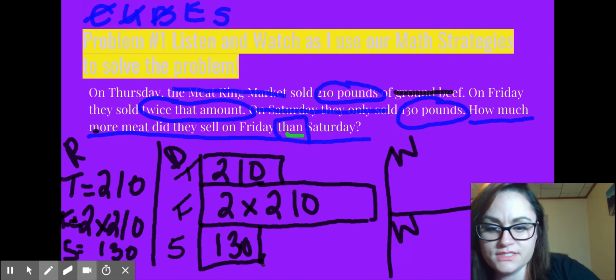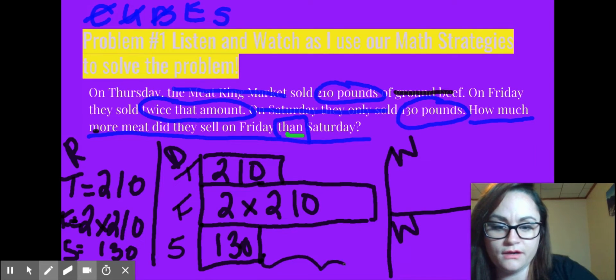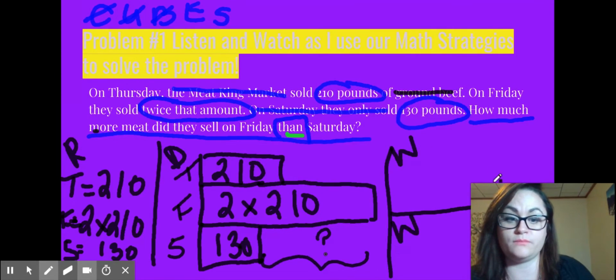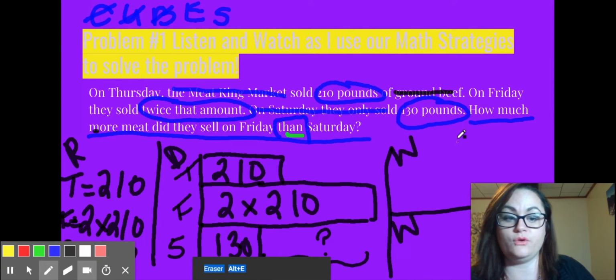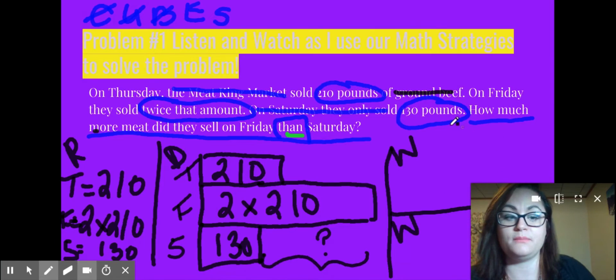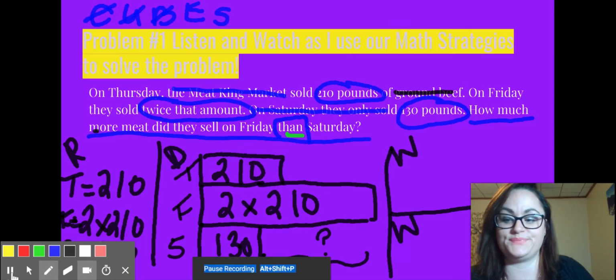So this section here is what I'm trying to find out. That's my question mark. Now, because I have all of that information, I'm able to go in and complete my equation in order to figure out the answer.